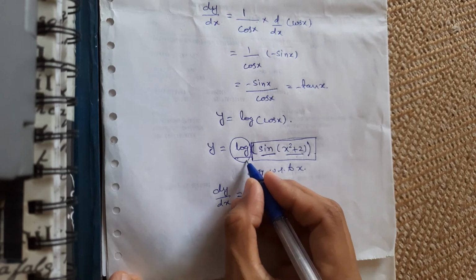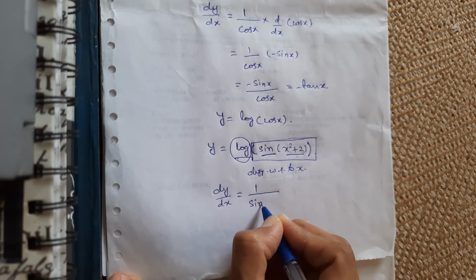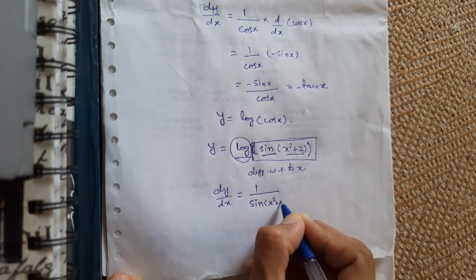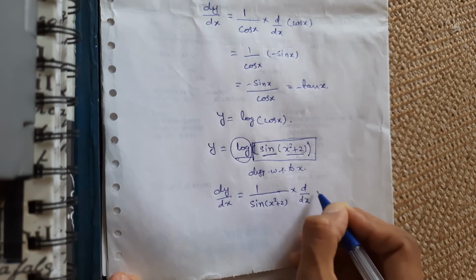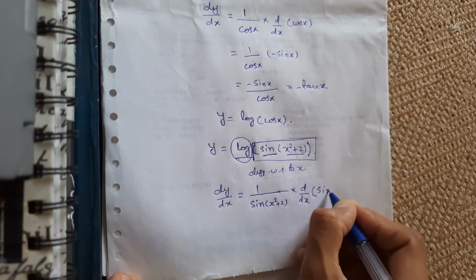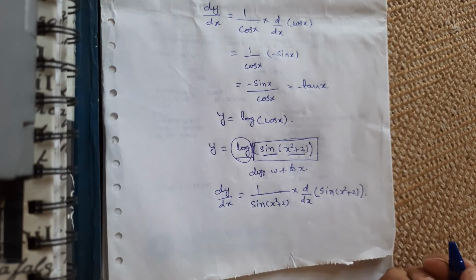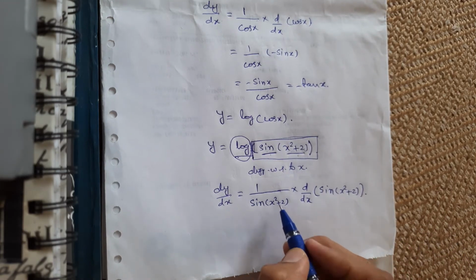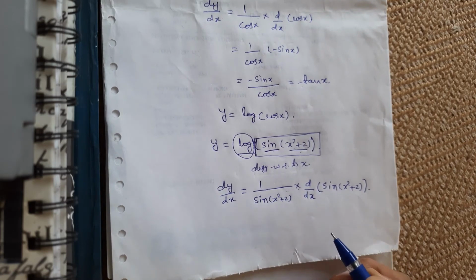So the derivative of log of this term will be 1 upon sin of x square plus 2 multiplied by the derivative of sin of x square plus 2. Okay. Derivative of the outer function multiplied by the derivative of the inner function.